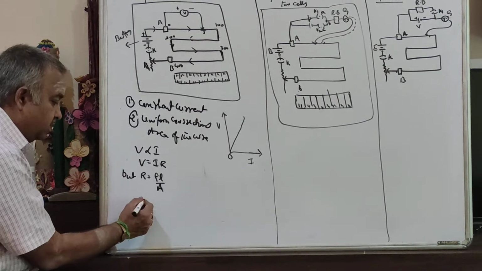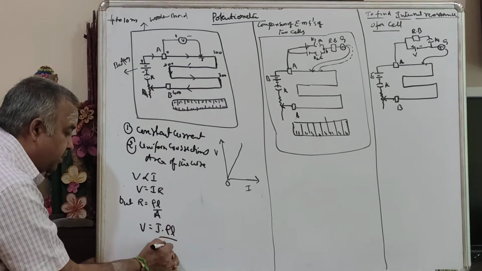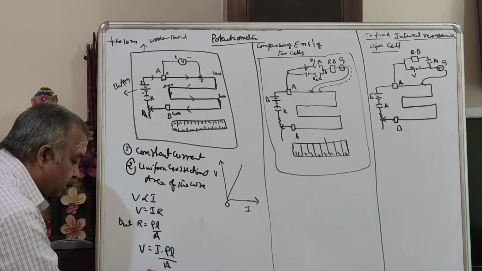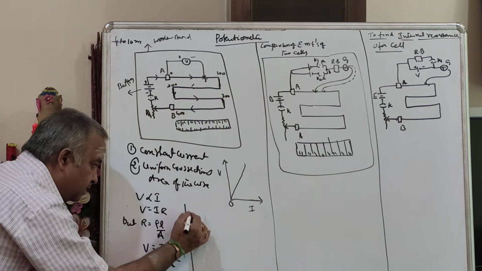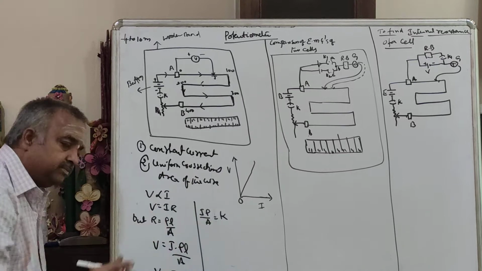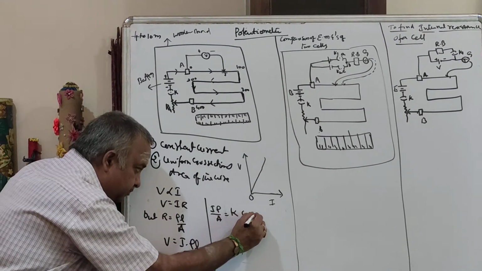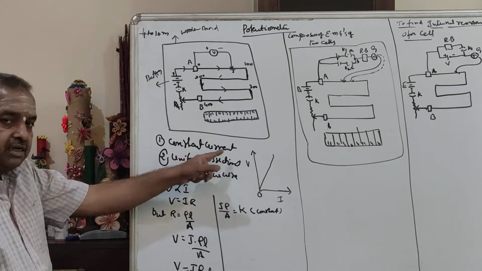Substitute this value here: V is equal to I into rho L by A, or we can write V is equal to I rho by A into L. That is, I rho by A, I can say K. What is K? This is a constant. Why constant? Because constant current is flowing.